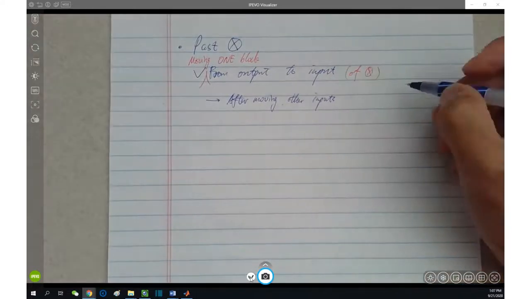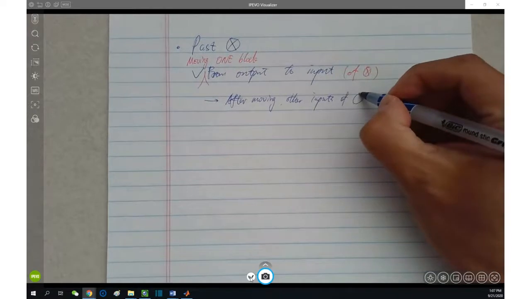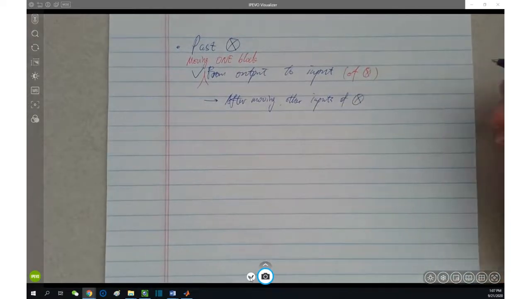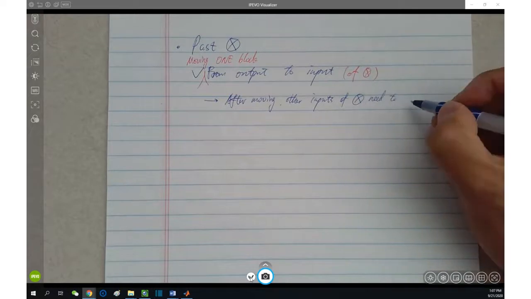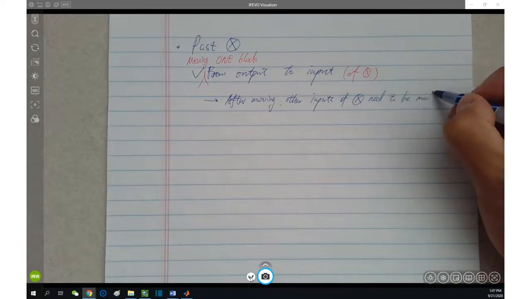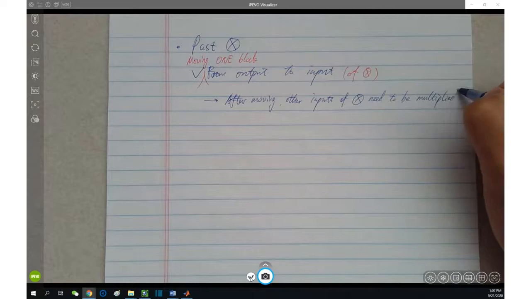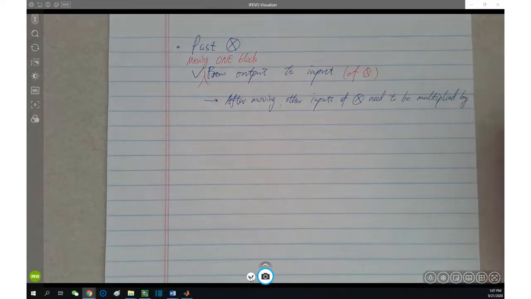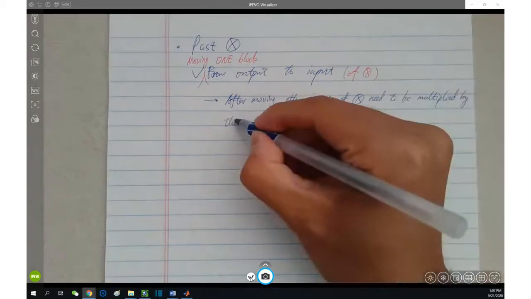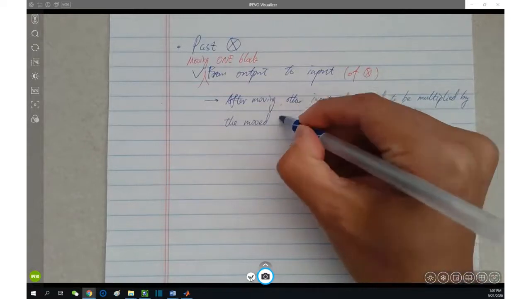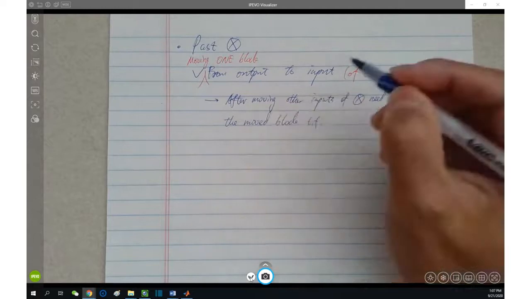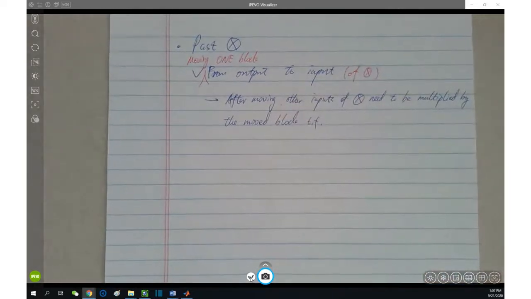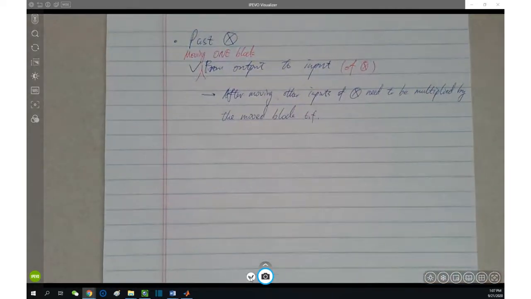After moving, the other inputs of this passed summing junction need to be multiplied by the moved block transfer function. Okay, this is the statement. Let's see what I'm really talking about.